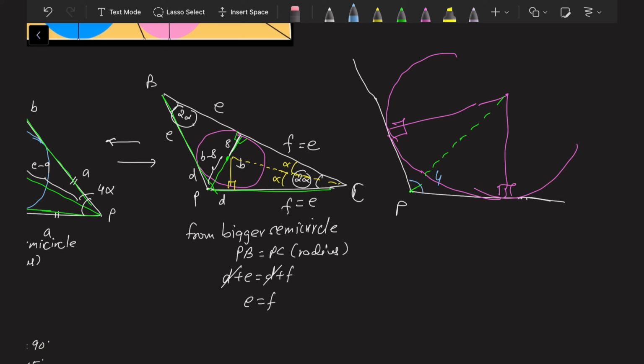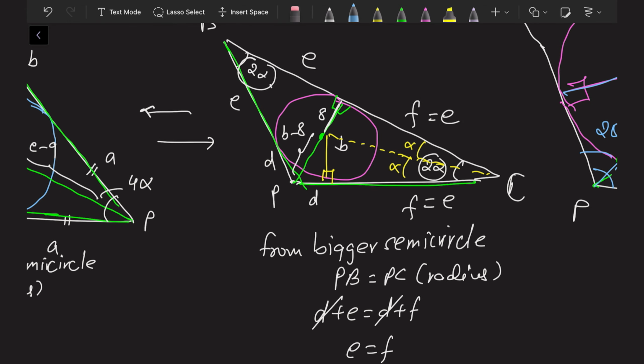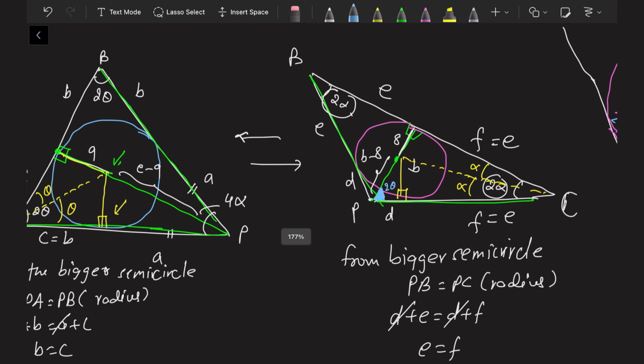So this angle was 4 theta, and because of this famous arrangement this triangle is congruent to this triangle. Hence 4 theta is bisected as 2 theta and 2 theta. So we conclude that this blue angle over here is equal to 2 theta. Keep this very important.